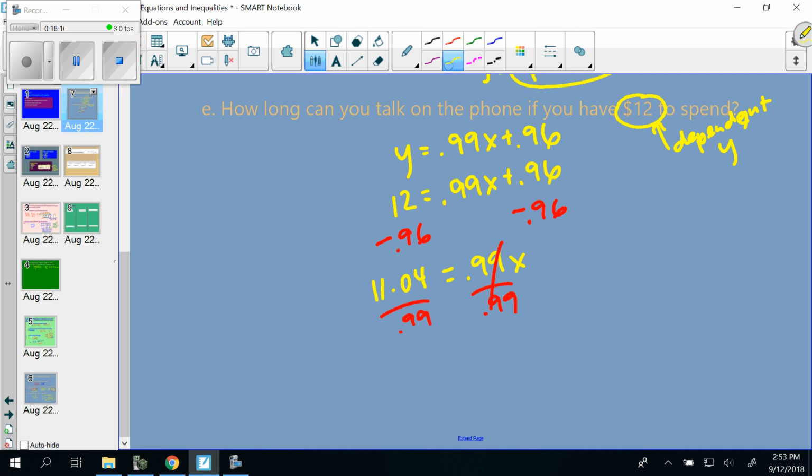And what you get here is that x would be equal to about 11.15 minutes. It doesn't look like we can quite get to 12 minutes here. So if they make you pay for each number of minutes, it looks like 11 minutes would be the most amount of minutes that we could talk there before we'd run out of money.